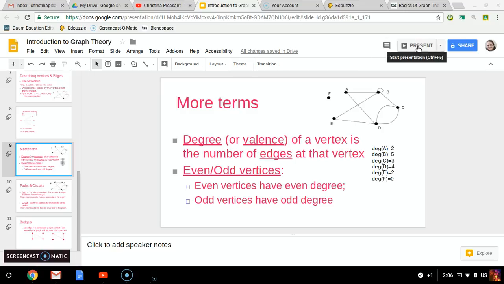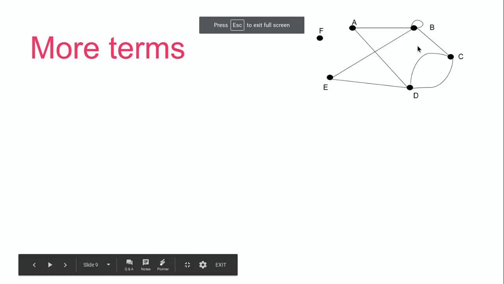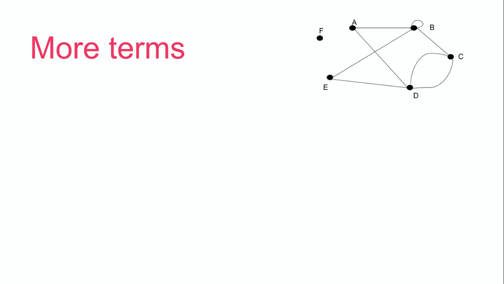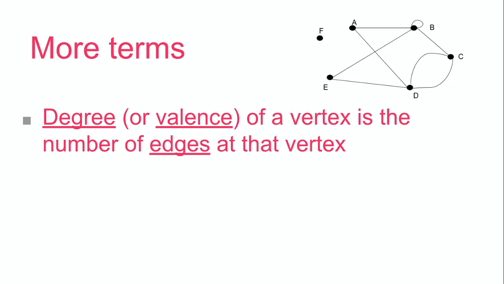Okay, let's pick up where we left off with some more terms about graph theory using that same graph from before up there in the corner. The next thing that we need to talk about is that each vertex has a degree. Degree is also known as valence, and the degree of the vertex is based on the number of edges that are at each vertex.